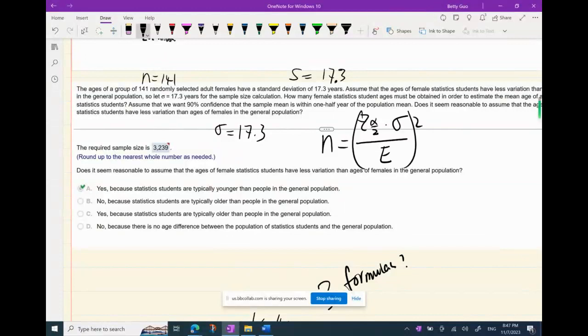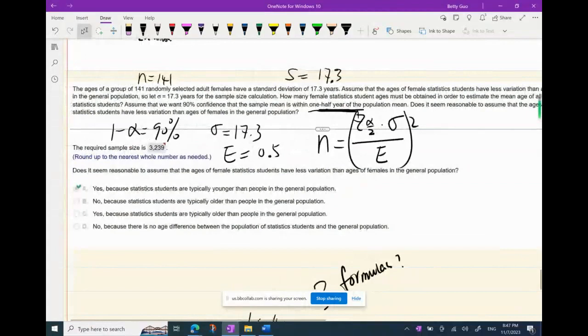I think this is the formula. Confidence level, so 1 minus alpha equals 90%. Within half a year of the population mean. So our margin of error is half, or 0.5. Does it seem okay? Yeah, so it's very small.